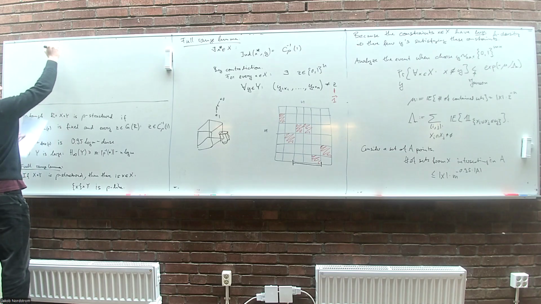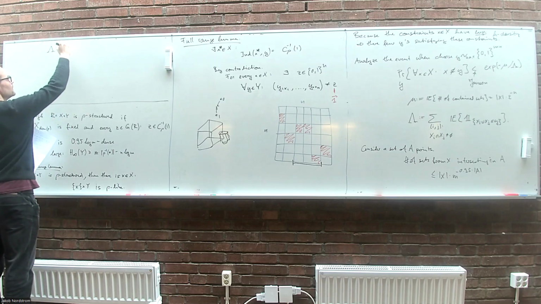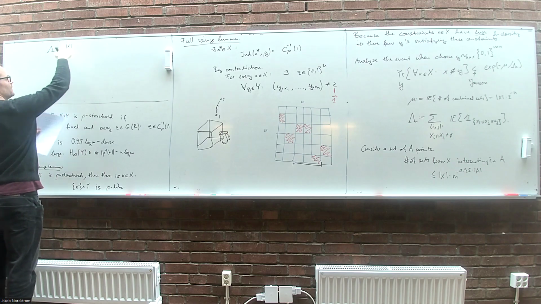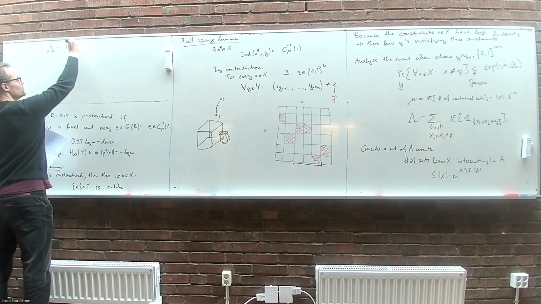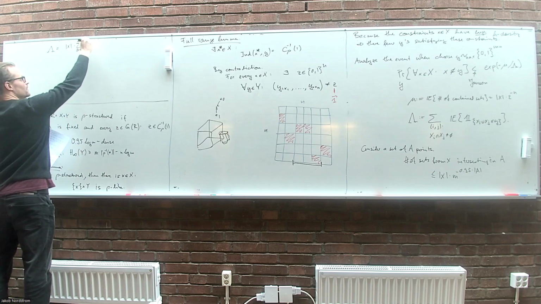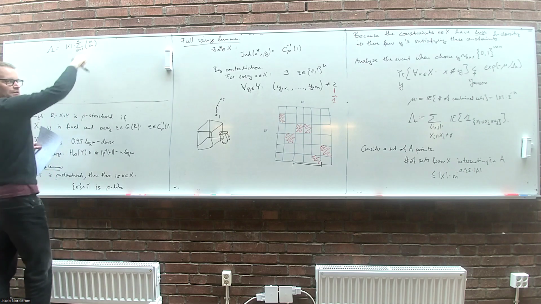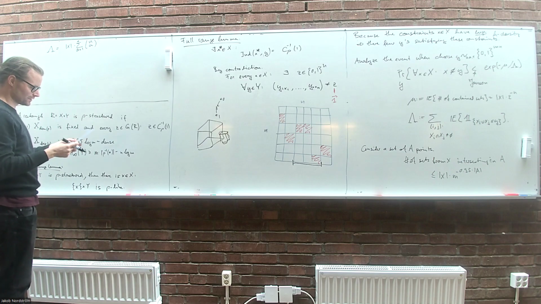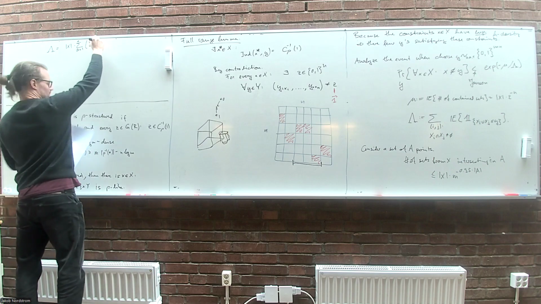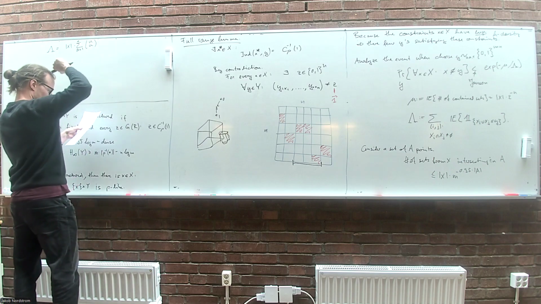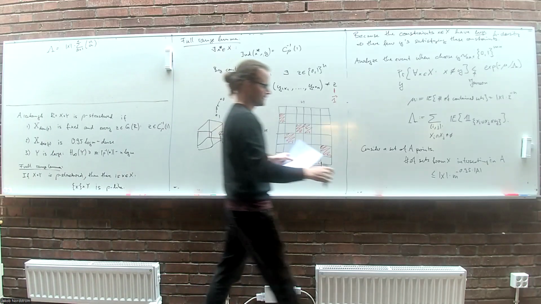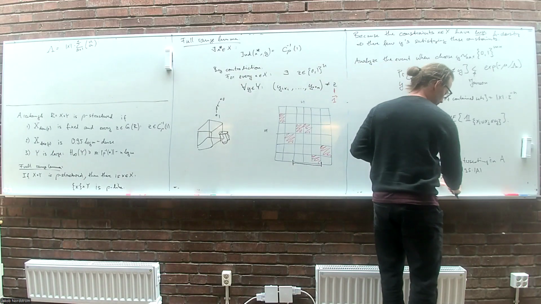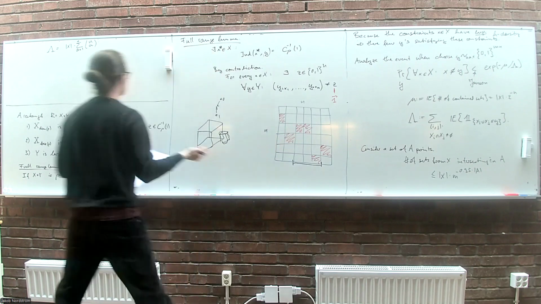I can write lambda as the size of x. So I take one set and then I choose the size of the intersection, a, from 1 up to n, and we have n choose a choices, right? Then I have how many of these sets actually intersect in these points.